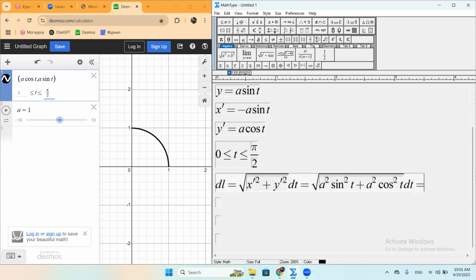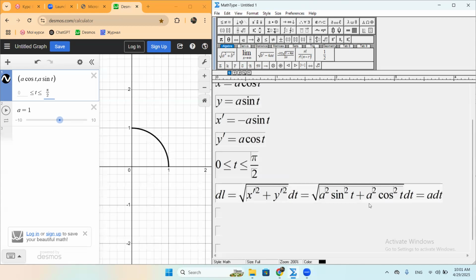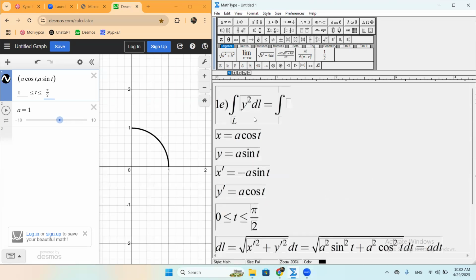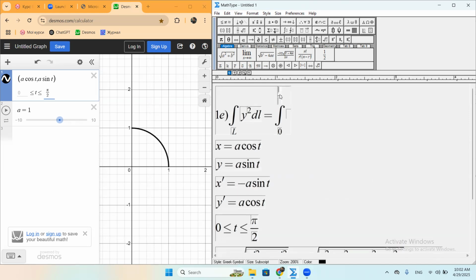And we actually will receive a dt. So this is the differential of length curve. And now writing down the integral, instead of y we substitute the expression for y, with limits of integration from 0 to p over 2.